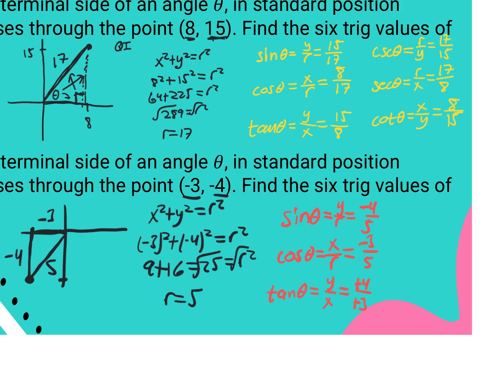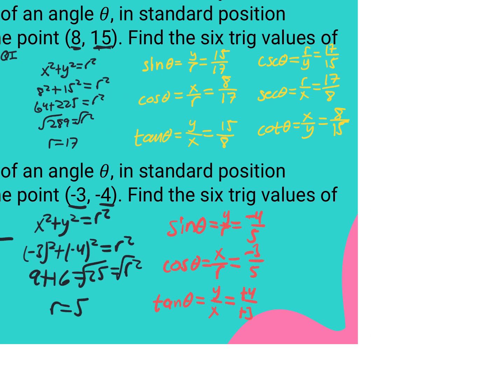So +4 over +3. All right, and then for cosecant, secant, and cotangent, just take the reciprocal. So cosecant is going to be -5 over 4. Secant is going to be -5 over 3. And cotangent, since we already know that tangent is positive, cotangent is just going to be the same, but just the reciprocal. So +3 over 4.